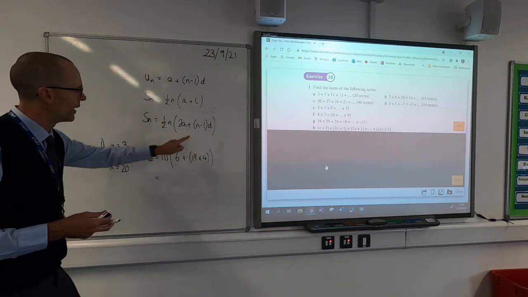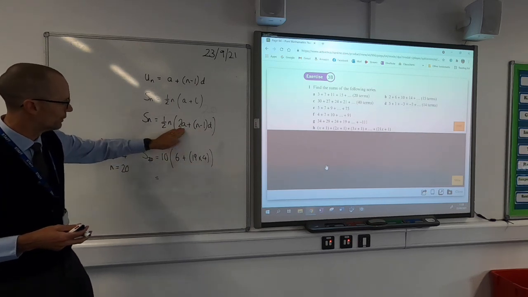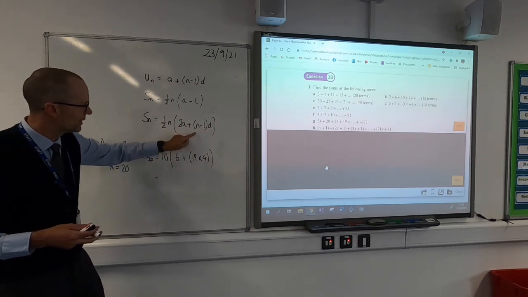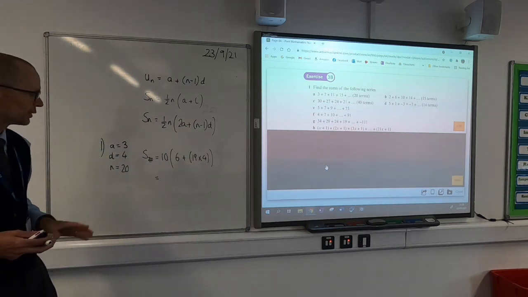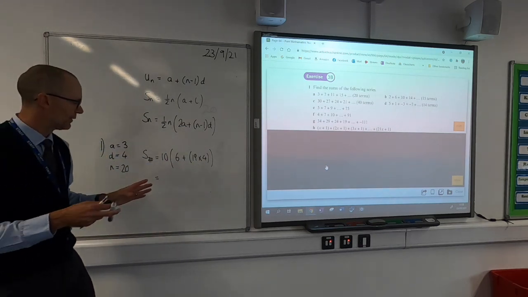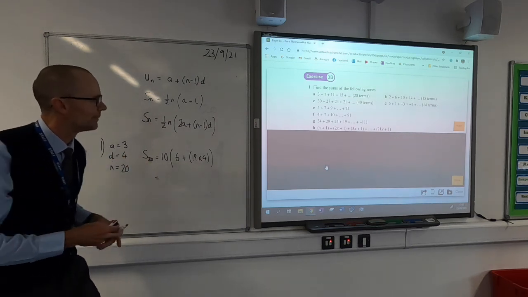So although it's not in a bracket here, I always do that times that in a bracket. So I've got 2 lots of a plus these 2 multiplied together, so I put those in a bracket. So I've sort of got 3 brackets almost, haven't I? I've got that and then that.